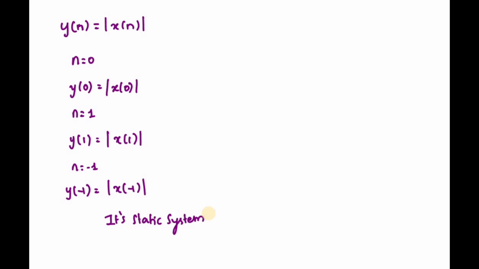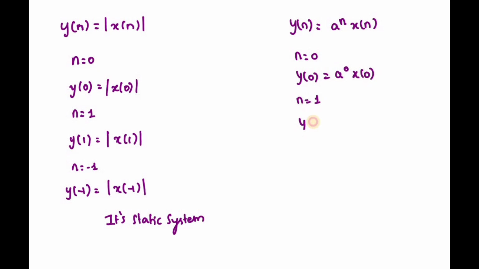In the same way, if I take y of n is equal to a power n times x of n, this is another problem. Here also, if I substitute n is equal to 0, y of 0 is equal to a power 0 into x of 0. For n is equal to 1, y of 1 is equal to a into x of 1.